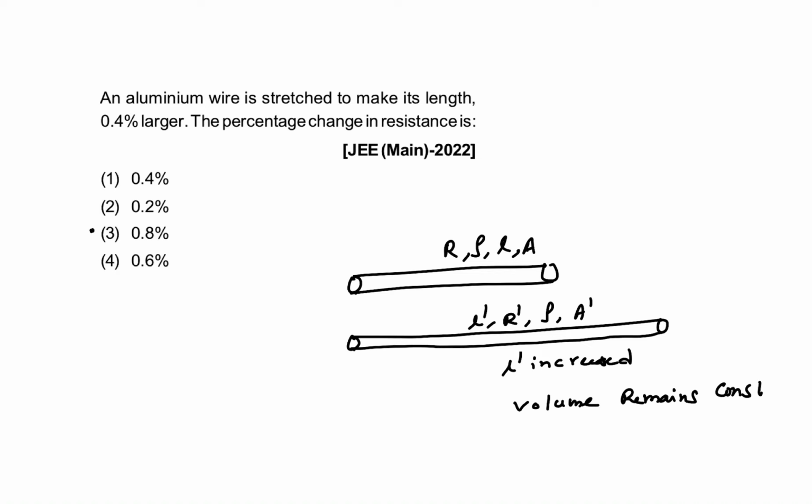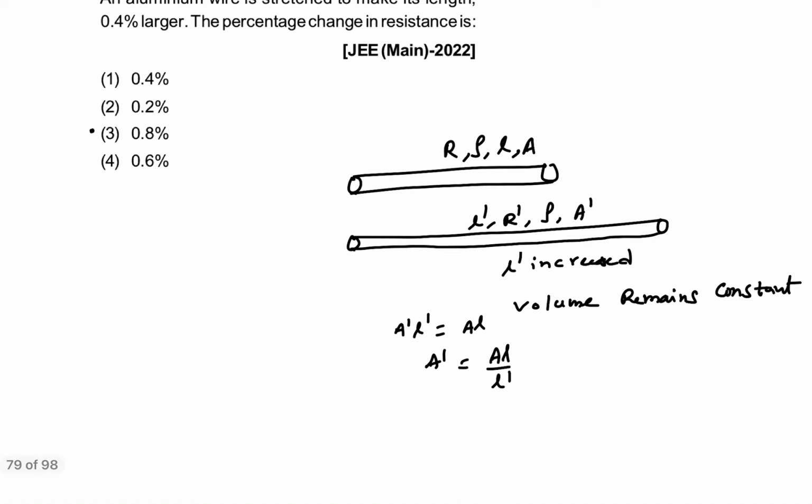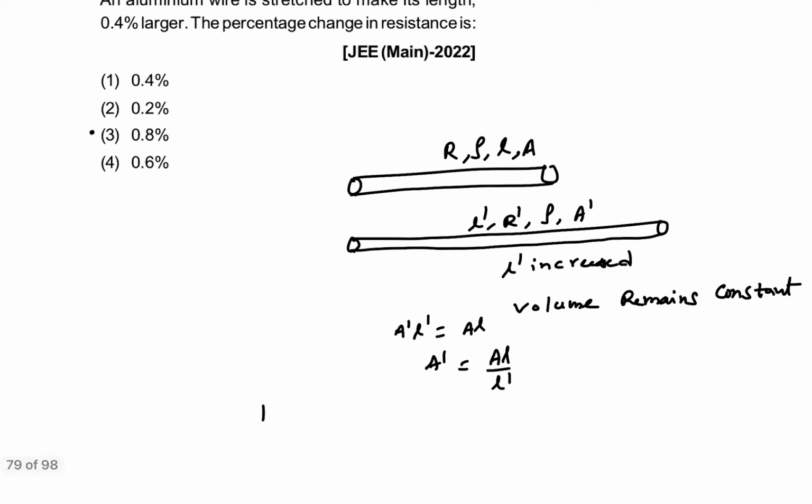Now L dash is increased. Volume remains constant. If volume remains constant, we can write A dash L dash is equal to A into L. So A dash is equal to AL divided by L dash. Now the new resistance R dash is equal to rho into L dash by A dash.